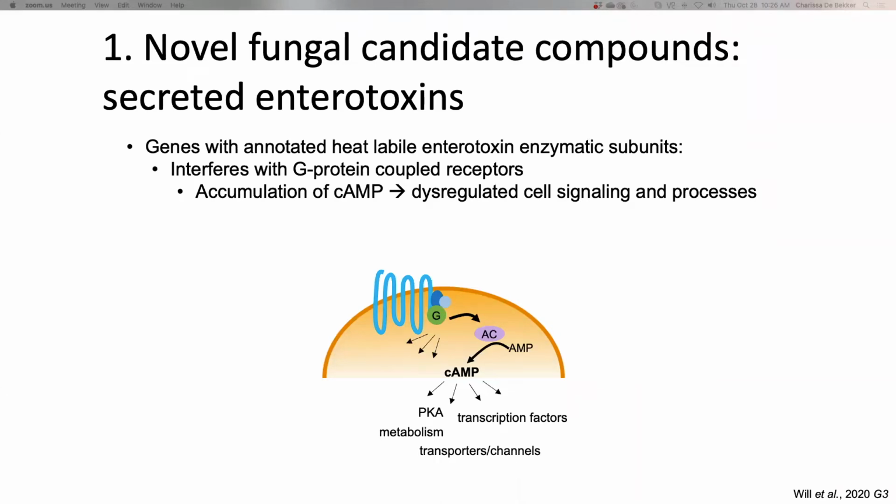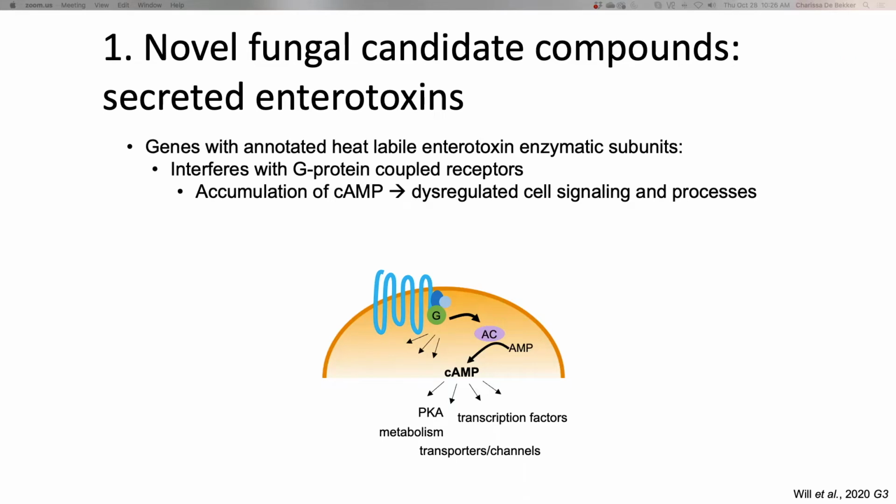This is based on functional domains in those gene sequences. What we know about enterotoxins is actually all from bacteria that produce them. So these haven't been heavily studied or really reported on a lot in fungi. And as we look at, for instance, the genomes of plant-infecting fungi, we don't really find any enterotoxins there.